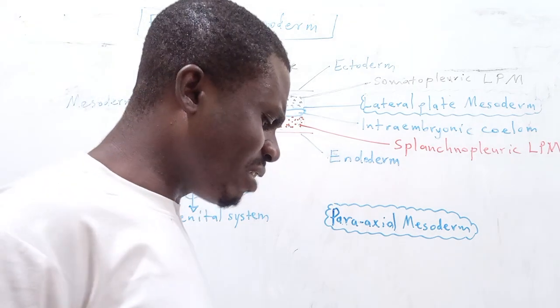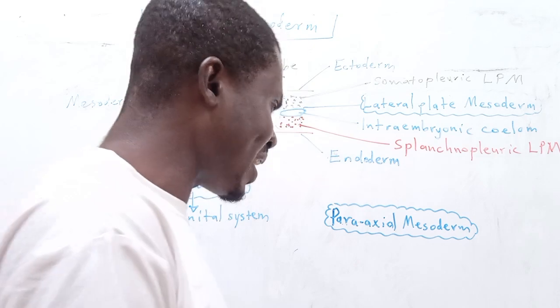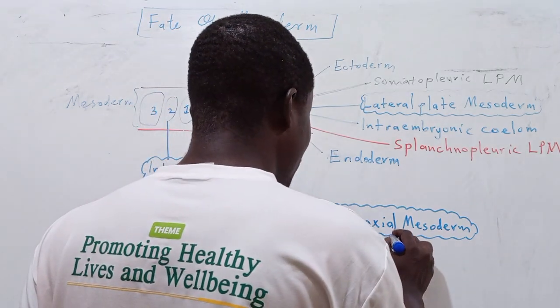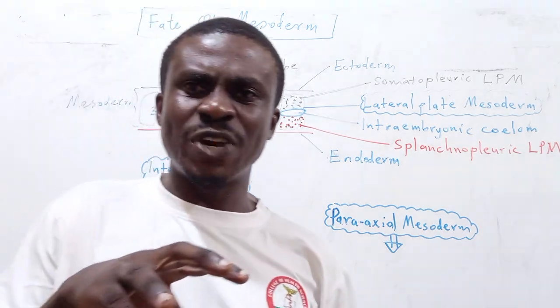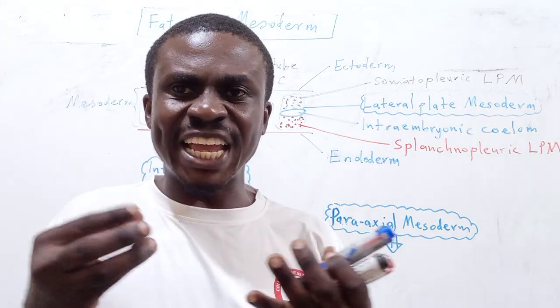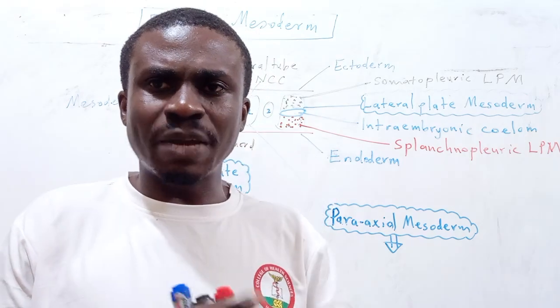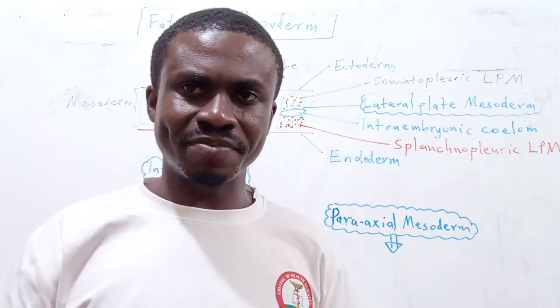Now, one other thing I want you to know is that in this paraxial mesoderm there will be regional condensation, an aggregation of this mesoderm, forming ball-like structures.